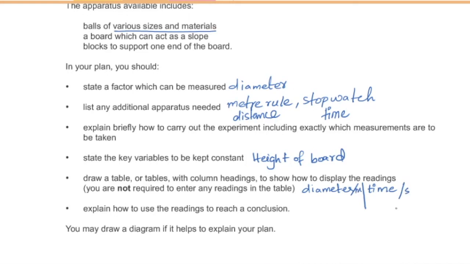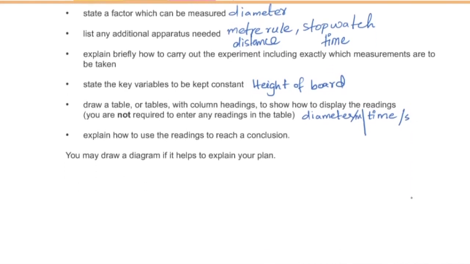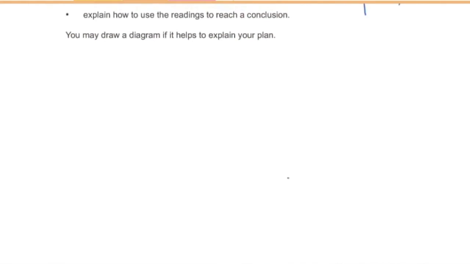Explain how to use the readings to reach a conclusion. You may draw a diagram if it helps to explain your plan. So I first should be drawing a diagram to make it easier or simpler for you guys to imagine how I'm going to carry out the experiment. One of the apparatus that they have given us is the blocks.